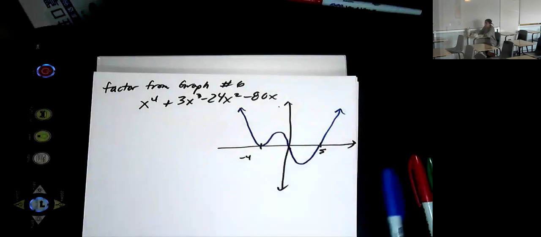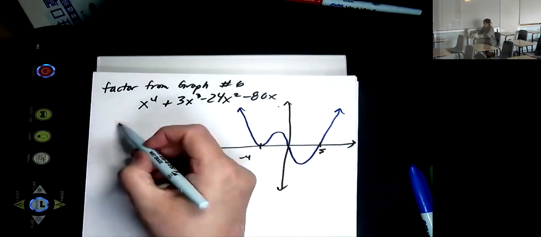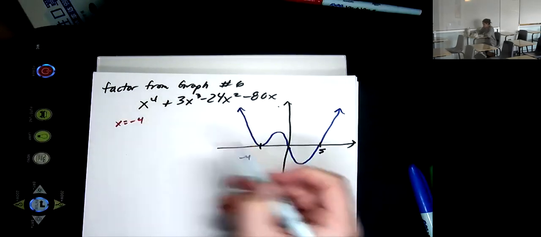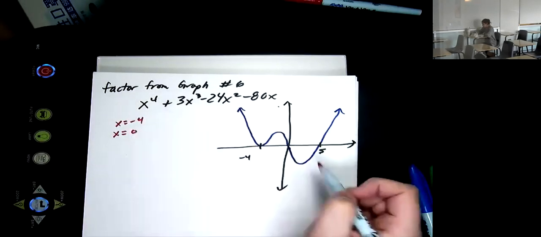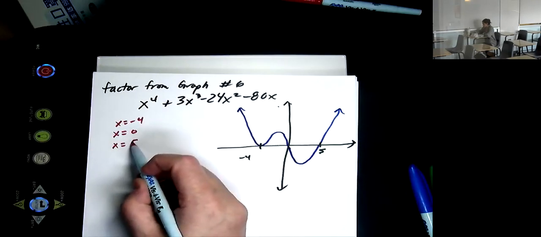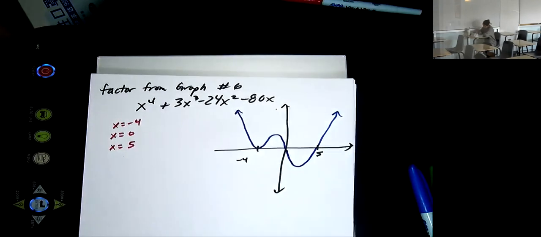So I can see it hits x equals -4, it hits x equals 0, and it hits x equals 5. That's where it touches the x-axis.